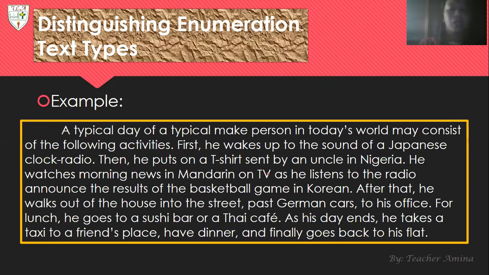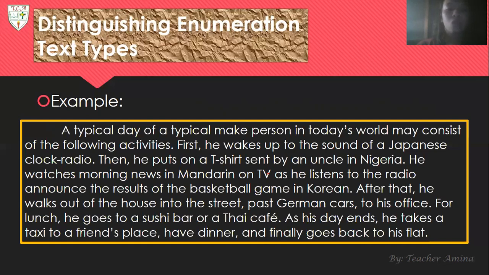Example: a typical day of a typical person in today's world may consist of the following activities. First, he wakes up to the sound of a Japanese clock radio. Then he puts on a t-shirt sent by an uncle in Nigeria. He watches morning news in Mandarin on TV as he listens to the radio announce the results of the basketball game in Korean.